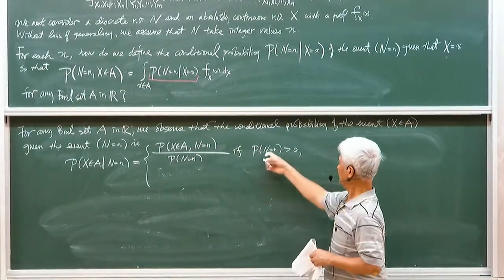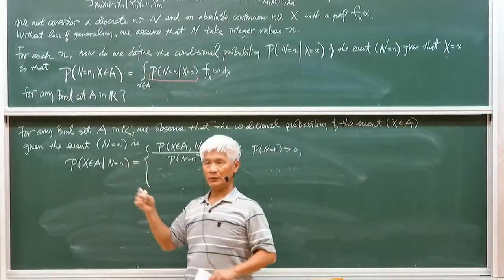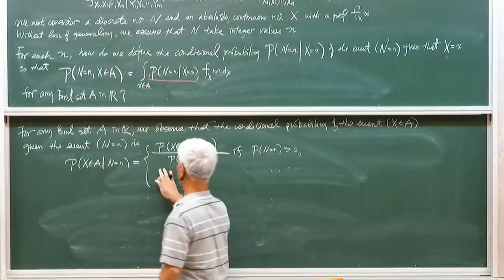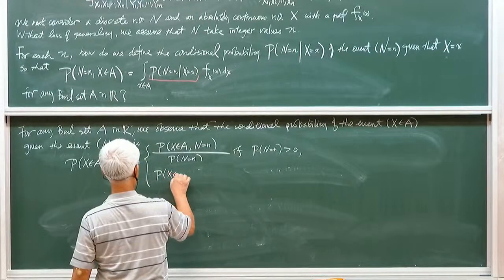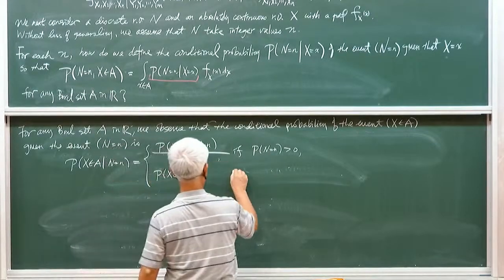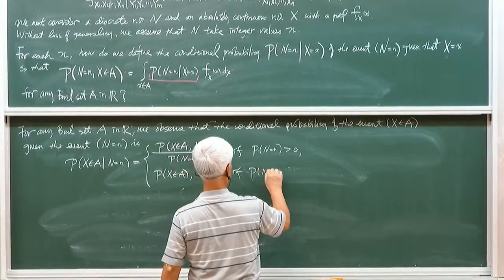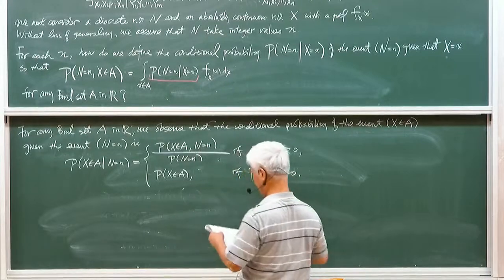But when this event occurs with zero probability, then we define this to be equal to the unconditional probability.